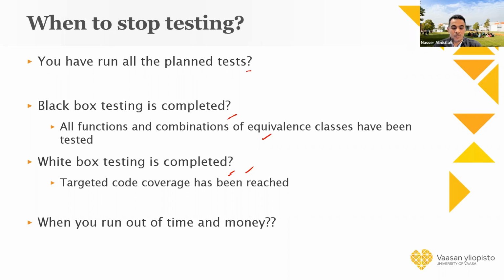As we see, we just have a few methods to help us. That's all. Otherwise, we cannot say we completed our testing. It's difficult to determine when to stop testing, because we cannot claim that our software is 100% free of bugs.